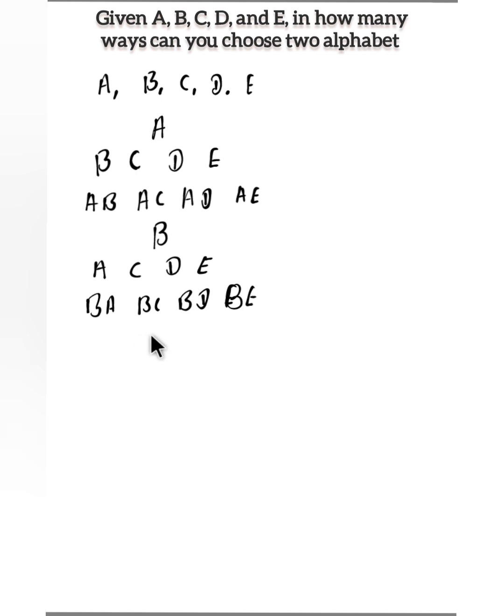Then, if C is the first alphabet, C can pair with A, B, D, and E. So it becomes CA, CB, CD, and CE.